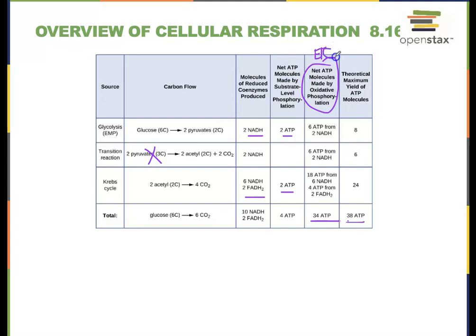And then theoretically, the most ATP you can get from one sugar molecule, we're just talking about one sugar molecule, is 38. And that's a really big number, okay? This is the theoretical maximum, and they say theoretical maximum because living things are not perfect machines. So we're not always going to get the same number of ATP per glucose molecule all the time. But this is the maximum you can get.